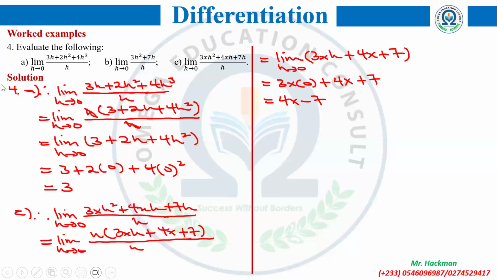Sir, please, I thought it's supposed to be 4x plus 7. Oh, did I write minus? Forgive me. It's too early for me to be exhibiting symptoms of hunger. So it's supposed to be plus.